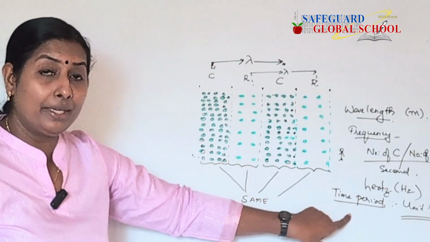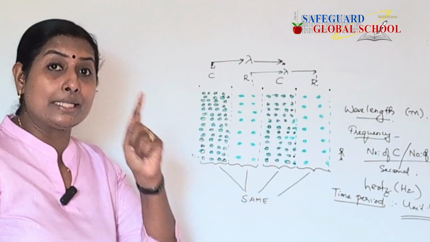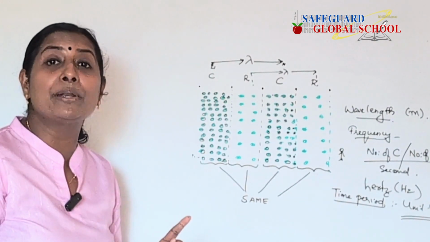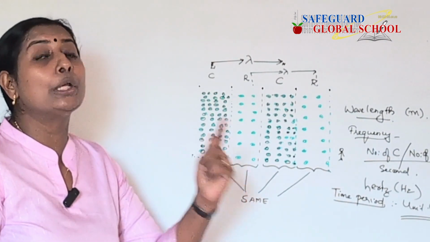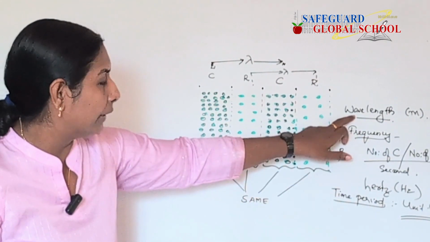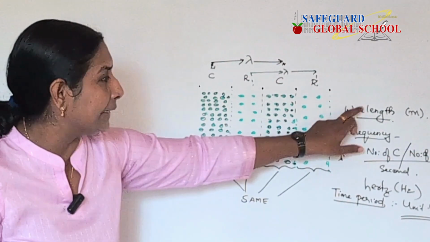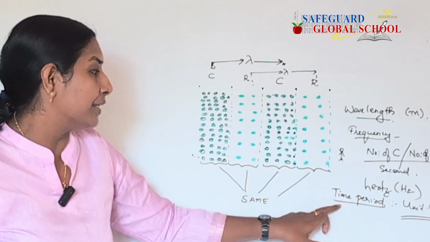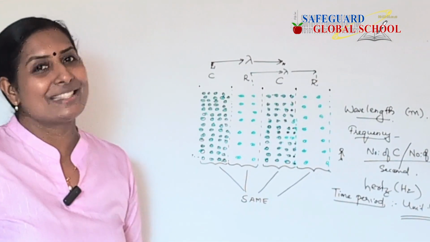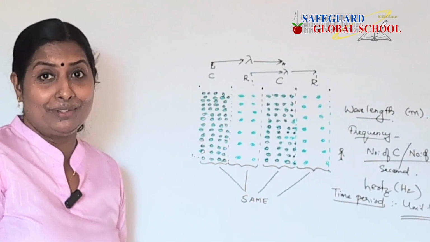And what is time period? Time period is the time taken by one compression and a rarefaction to cross a particular point. And do not forget the units also. Wavelength has the unit meter, frequency has the unit hertz, and time period has the unit second. I hope you understood. Thank you.